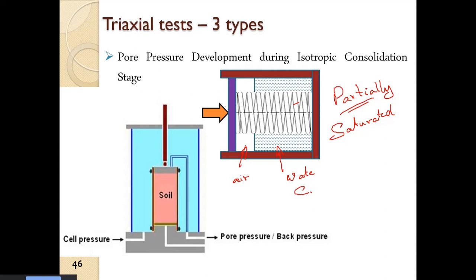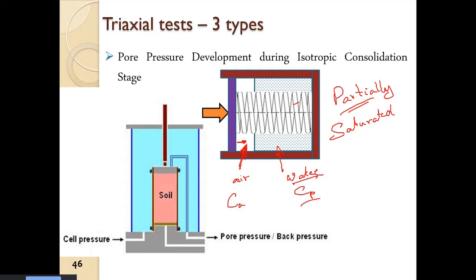Compressibility of water is very low, so it is almost incompressible, but compressibility of air is very high. That is, for a small amount of load, there will be a high amount of compression in the air.